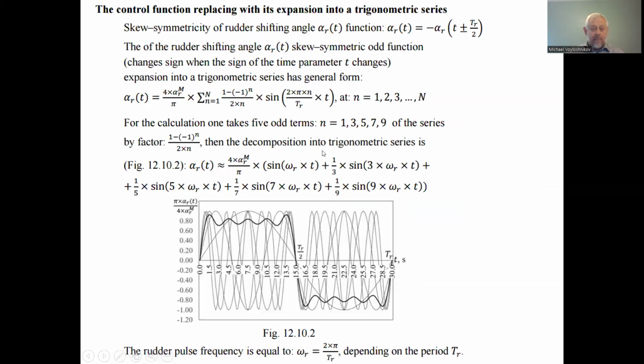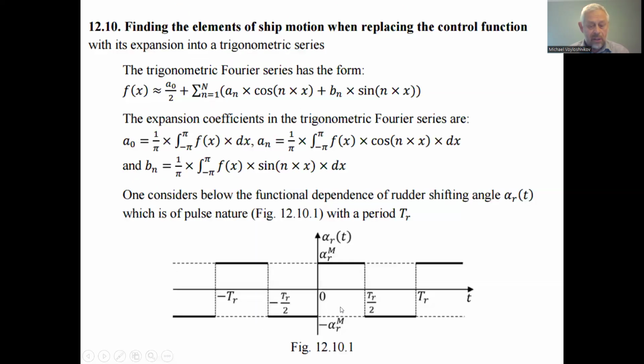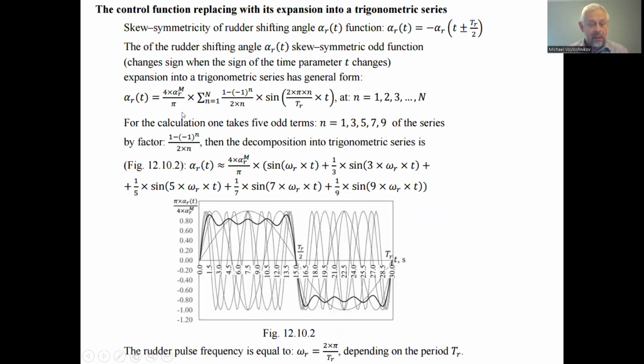But on the other hand, this impulse function is appropriately standard, and we can consider this as the total of the considered expansion.